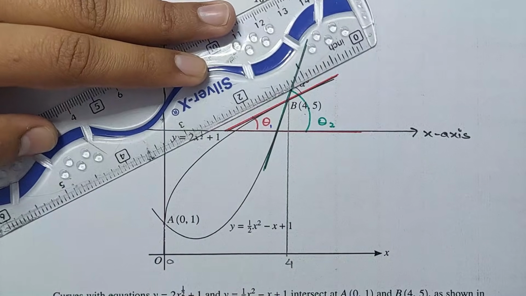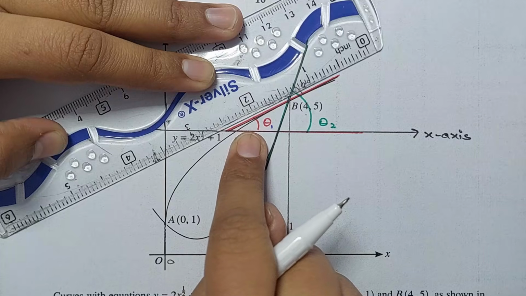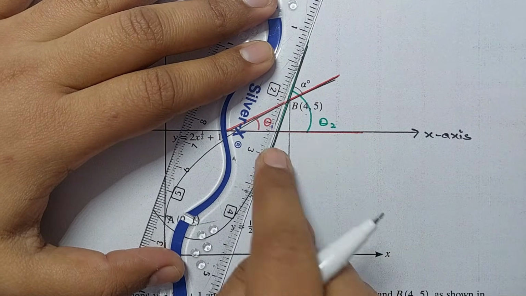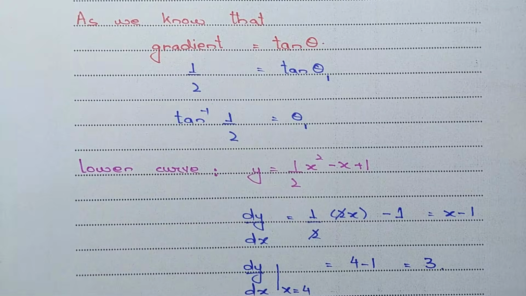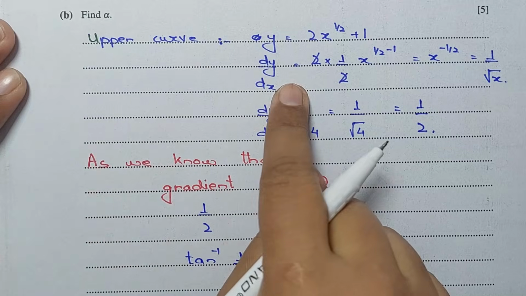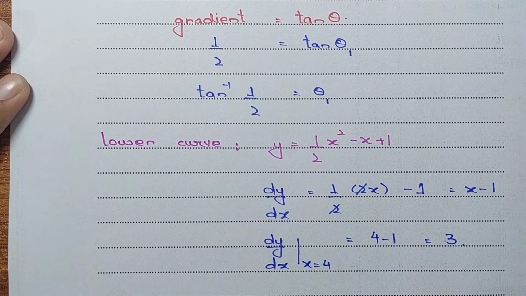This tangent line makes the angle with the positive x-axis theta 1, and this tangent makes the angle with the positive x-axis theta 2. All right, now again use the same concept. We wrote the curve, take its derivative at the point B, the same for the lower curve derivative at point B.